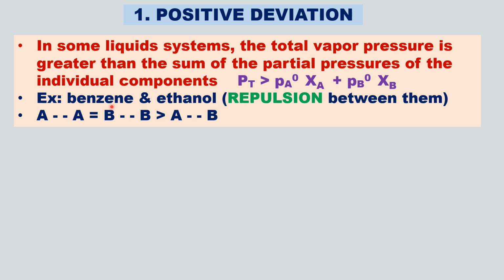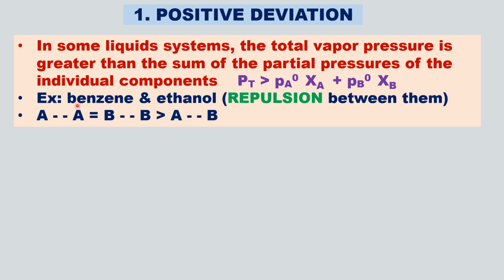There will be attraction between benzene and benzene because of hydrophobic interactions. But there will be repulsion between benzene and ethanol, and as a result the molecules escape. They hate each other, therefore they escape. Therefore, the vapor pressure of the solution is more than the value predicted by Raoult's law.